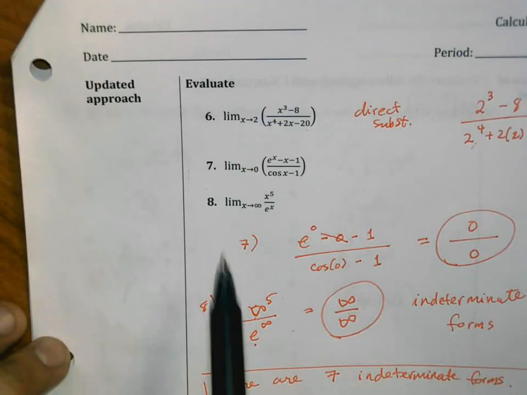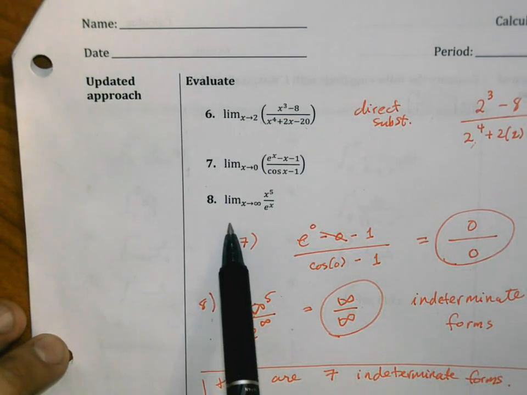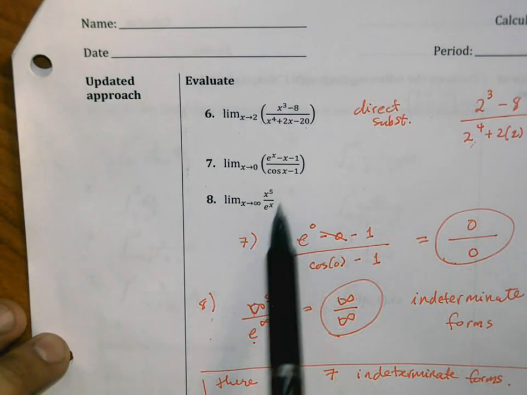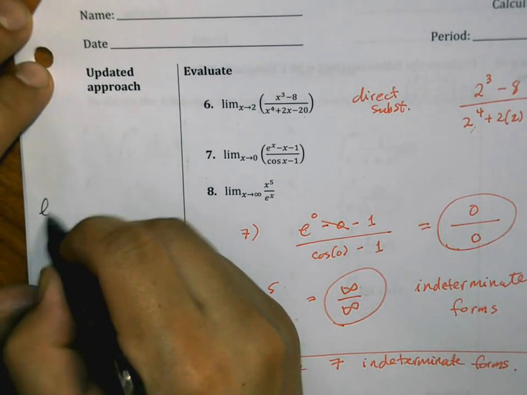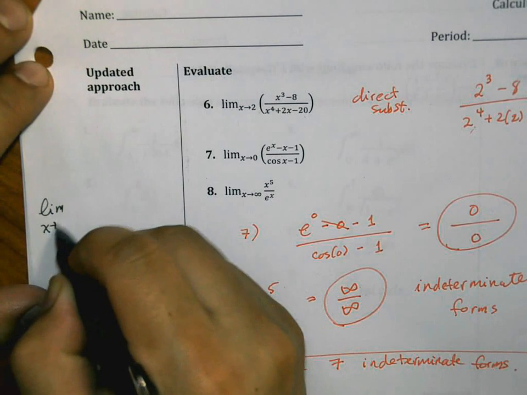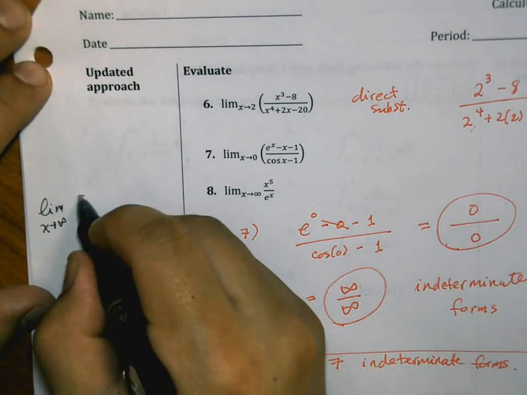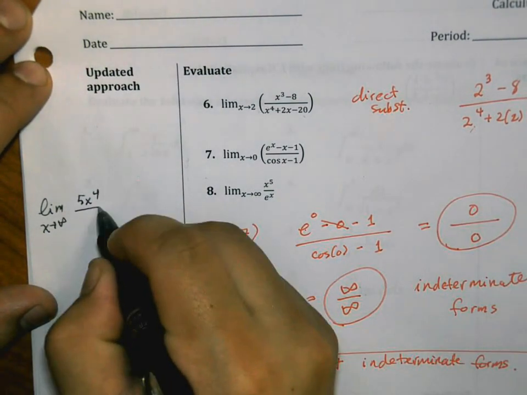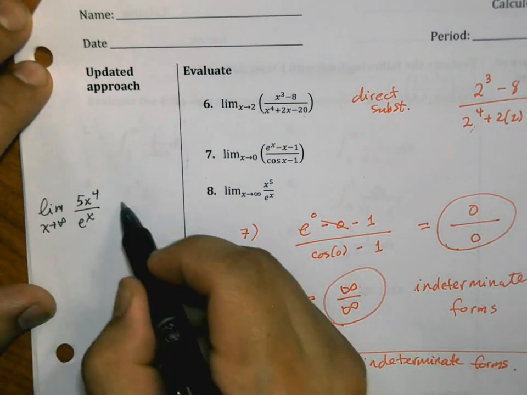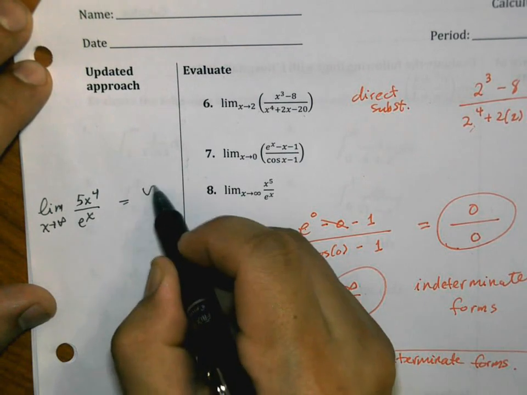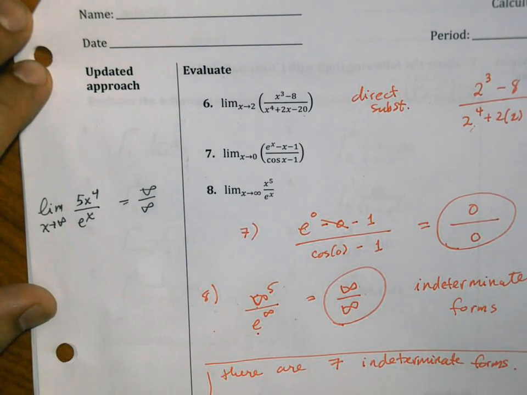What is the limit here as x approaches infinity of x to the 5th over e to the x? So let's apply L'Hopital's rule. The limit as x approaches infinity of 5x to the 4th over e to the x. Well, if you plug in infinity to both the top and the bottom, you still get a large number over a large number.